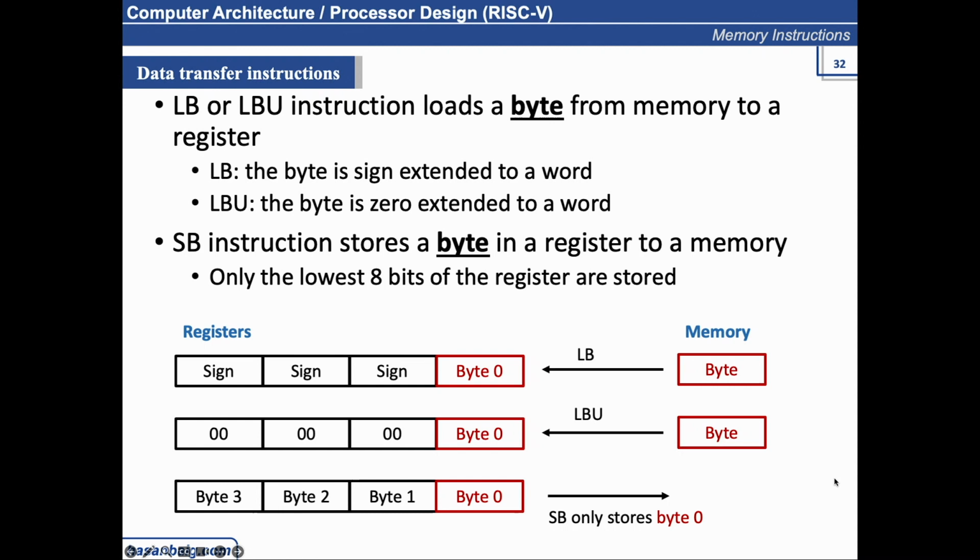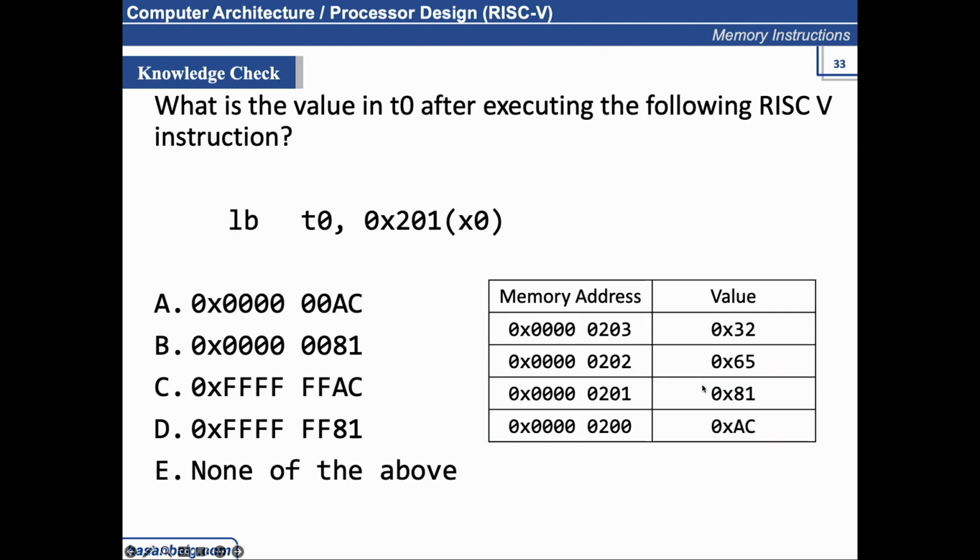Any question? Let's do a quick knowledge check then. What is the value in T0 after executing the following RISC-V instruction?